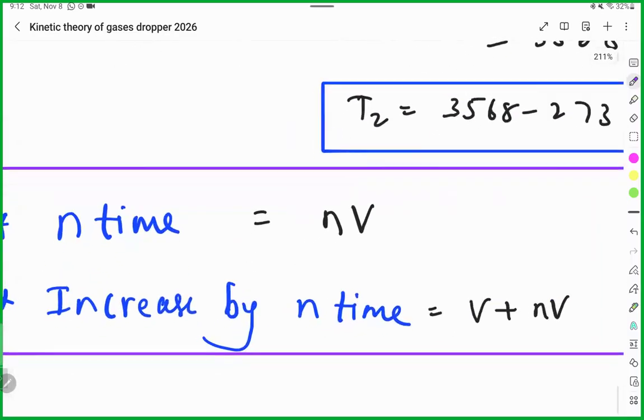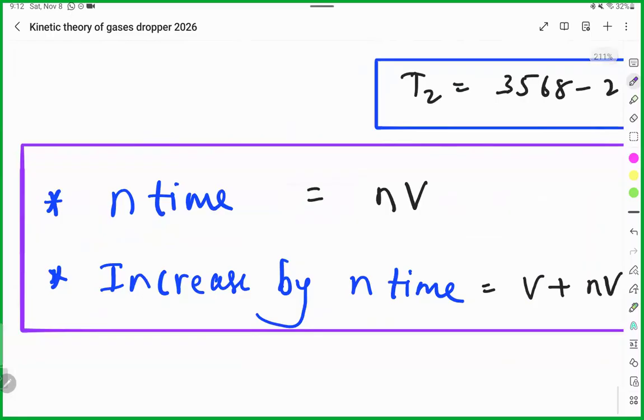This is the key thing. What is the difference between n times and increase by n times? Got it? Yes or no?